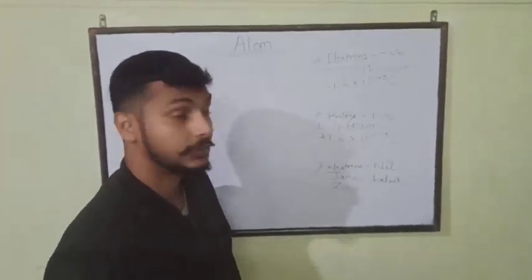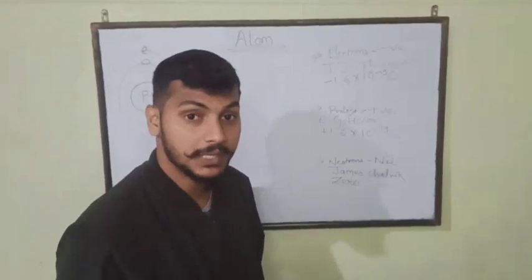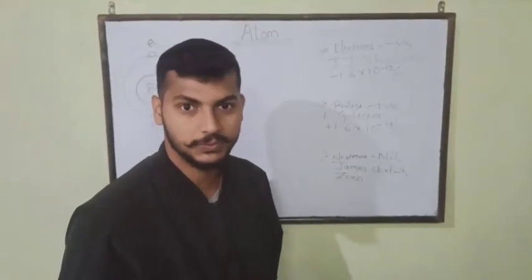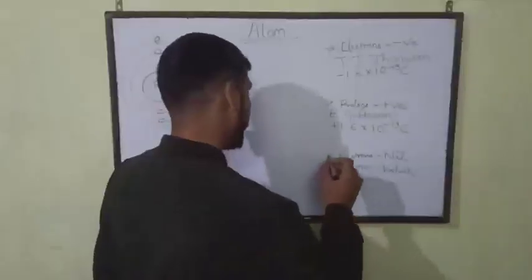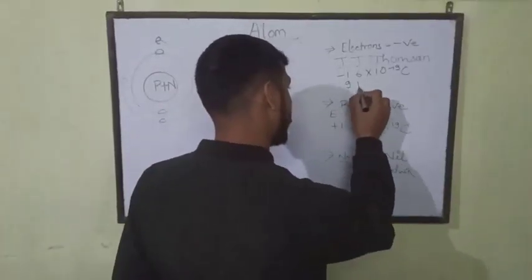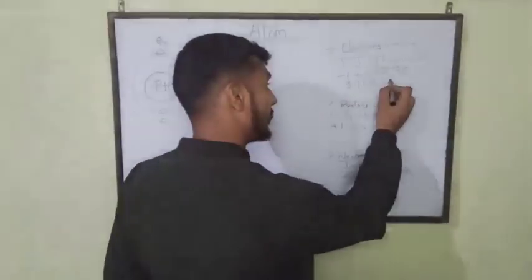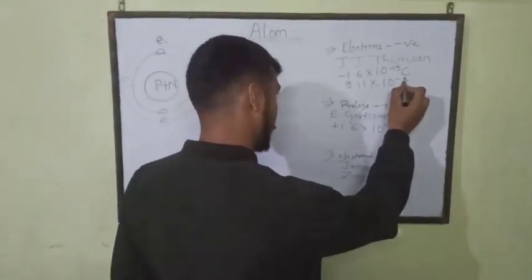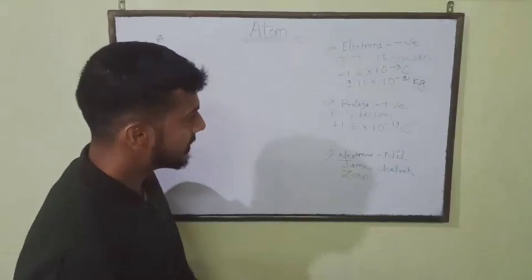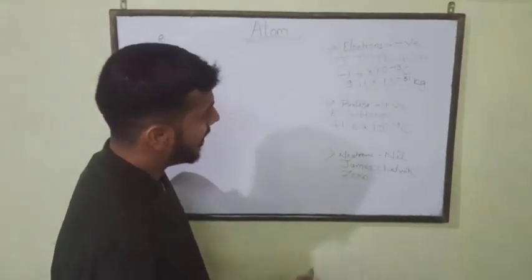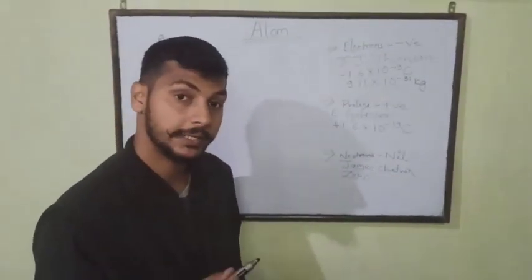Now, electrons have some mass. Everything has some mass, no? So an electron must have some mass. And what's that? That is 9.11 into 10 to the power minus 31 kg. In this case, the masses of electrons and protons are different.